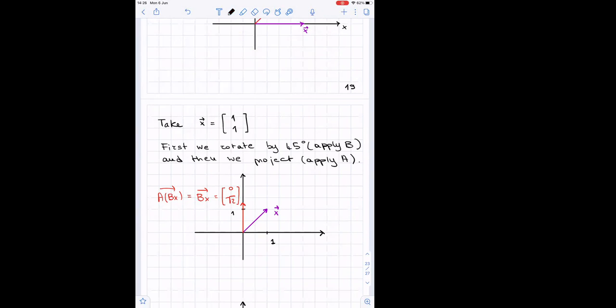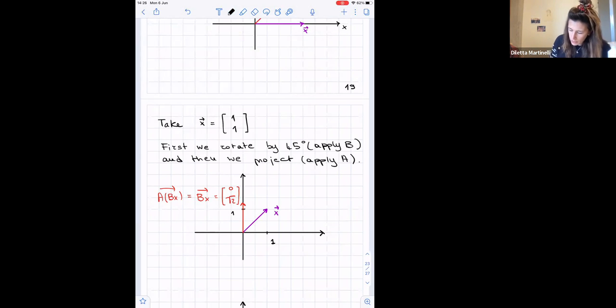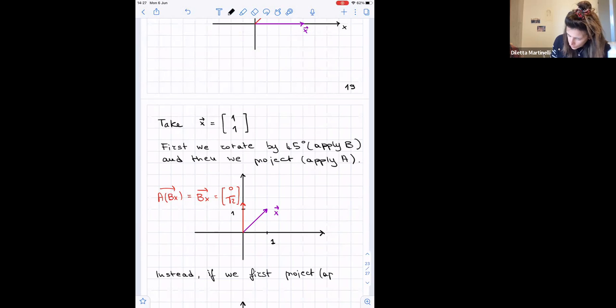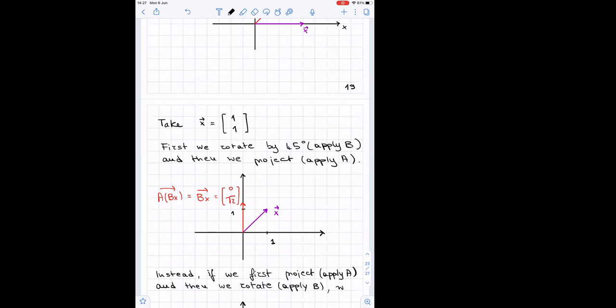Let's now invert the operation. So let's first project and then rotate. First we apply A, and then we rotate. We obtain the following.